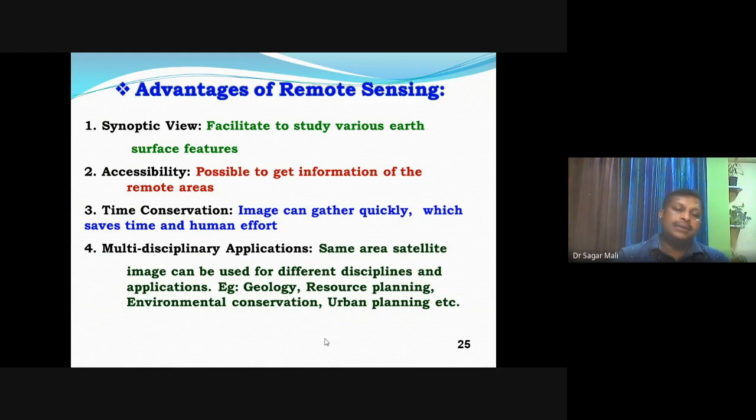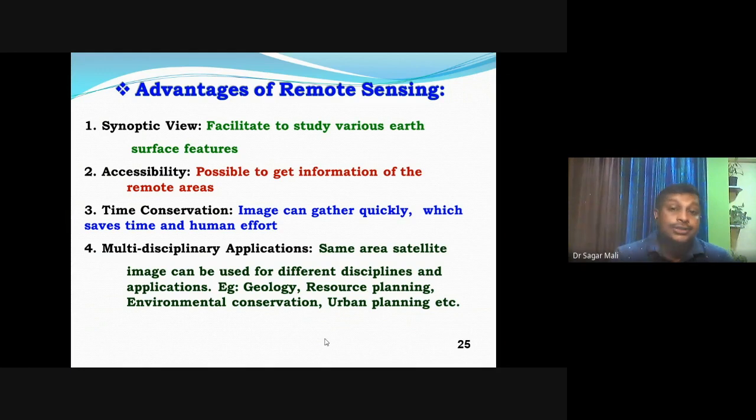Okay. Another important advantage of remote sensing is multidisciplinary applications. One image of a particular area can be used for several application purposes. Means the same area image of a particular city can be used for various applications.